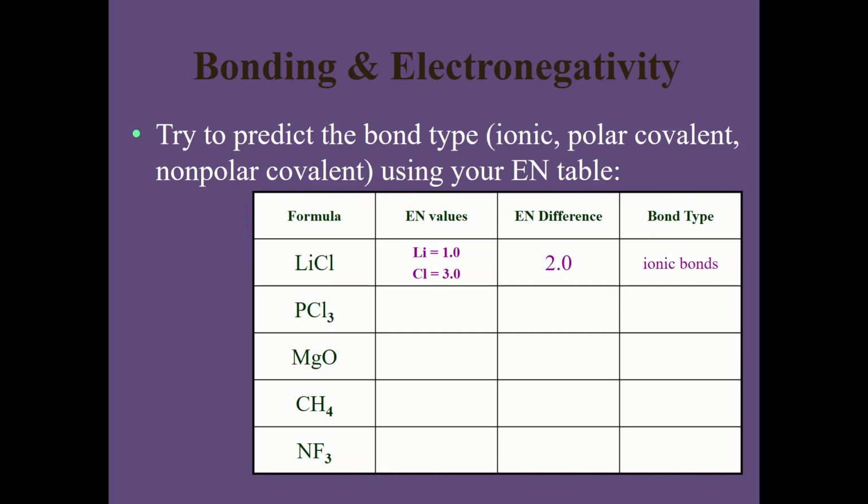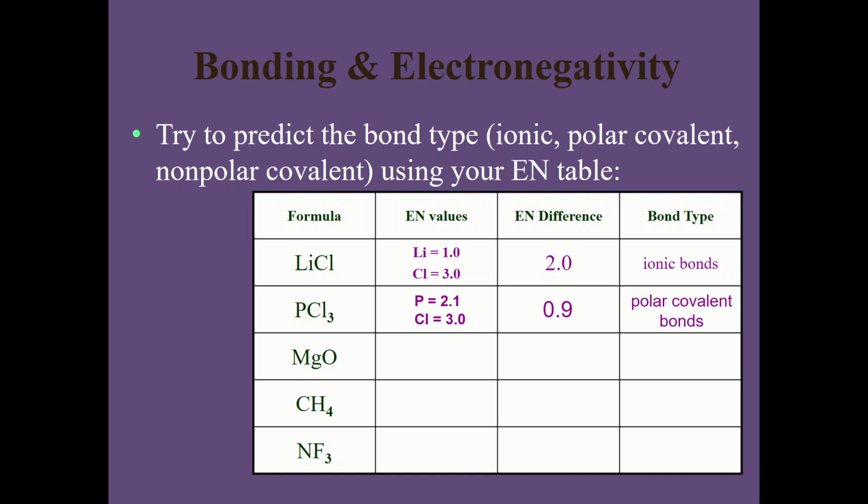Polar covalent. Exactly. So phosphorus is 2.1, chlorine is 3. That's a difference of 0.9. This is polar covalent.